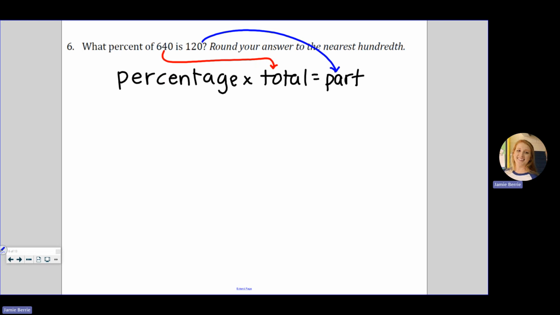That's what they're asking us. What percent of 640 is 120? So they're asking us to find the percent. I'm just going to call the percentage P. The total we said was 640. The part was 120. Yep, divide by 640 to get P by itself.